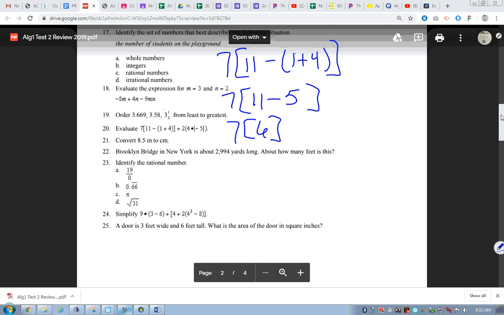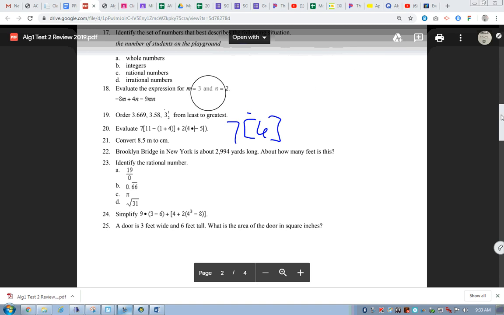All right, let's come over and look at this other part over here. Okay, I'm going to erase this because we're going to hold on to that. We've got 2 parentheses 4 times the absolute value of negative 5. All right, well, what is the absolute value of negative 5? So I've got 2 times 4 times 5.